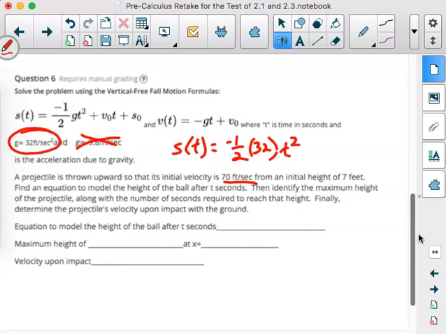There we go. -1/2 times 32 t squared plus 70t plus 7. And then, of course, you would figure out what you had there. And -1/2 times 32 would be -16t squared plus 70t plus 7.